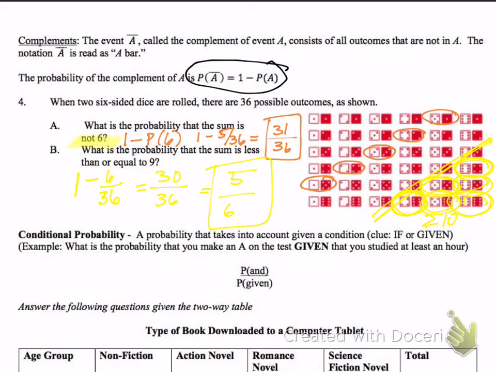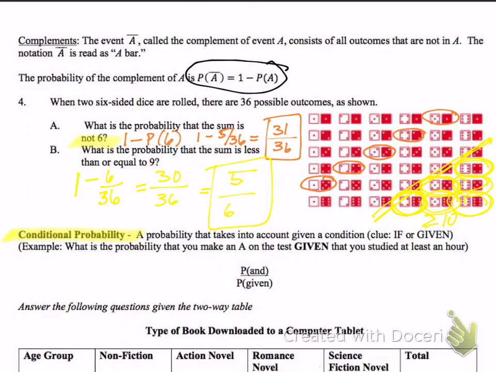Okay, and then the last part. This type of table shows up on the SAT a lot. The last thing that we'll talk about is conditional probability. Conditional probability is when you have a condition that you put on it. So what is the probability that you read a nonfiction book if you're under 21?